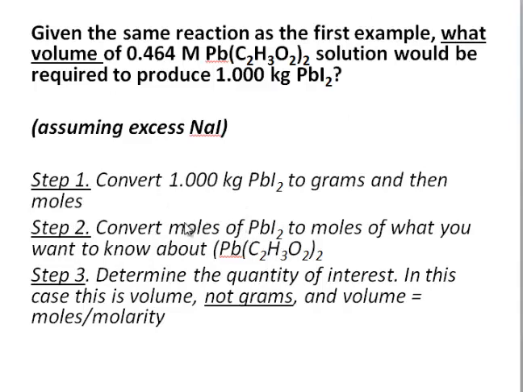The next step will be convert the moles of lead iodide to moles of what I want to know about, which is lead acetate. In the third step, we'll determine the quantity of interest. Now note, in this case, the quantity of interest is volume, not grams. We're interested in the volume of a solution, and the volume is moles over molarity.